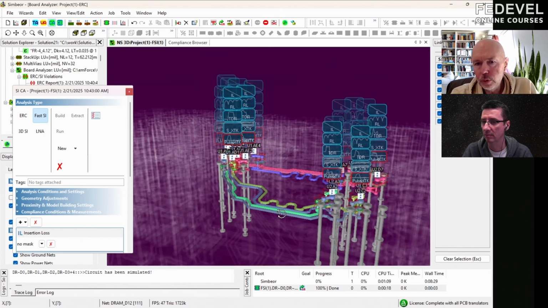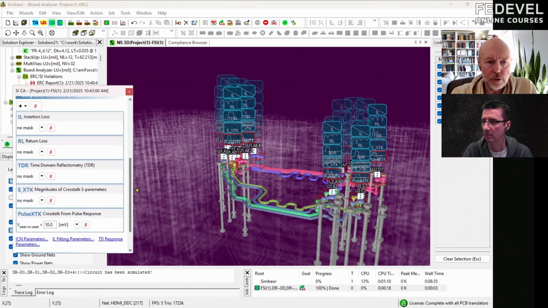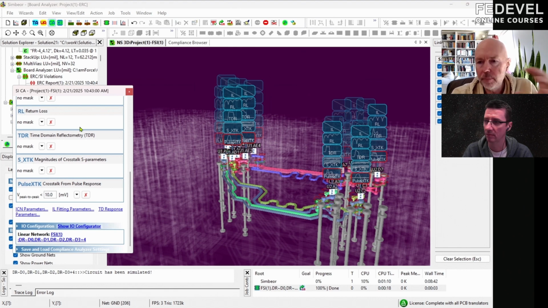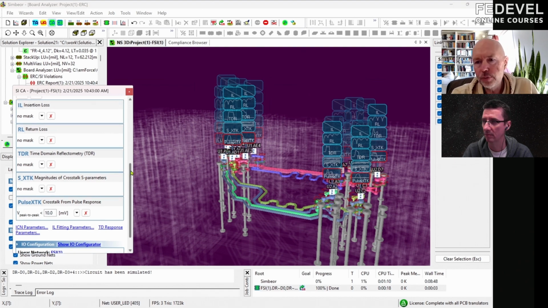I imported the board, selected nets, ran the analysis, created compliance conditions, and there are compliance conditions for some high speed standards that are coming with Simbeor.